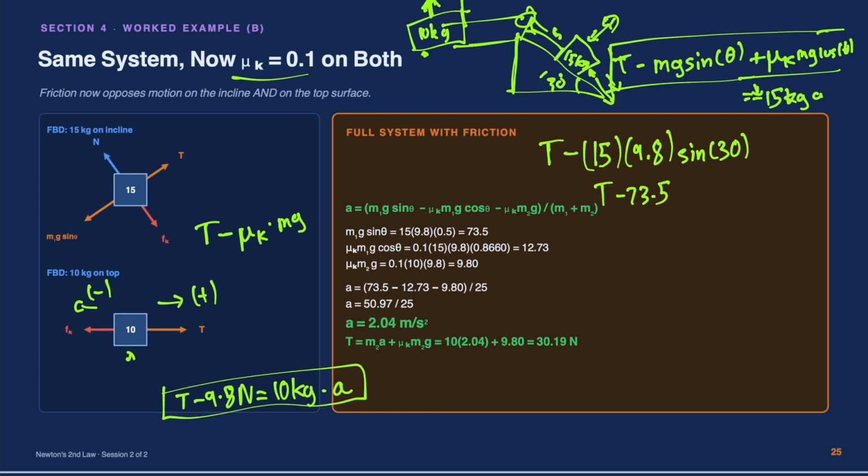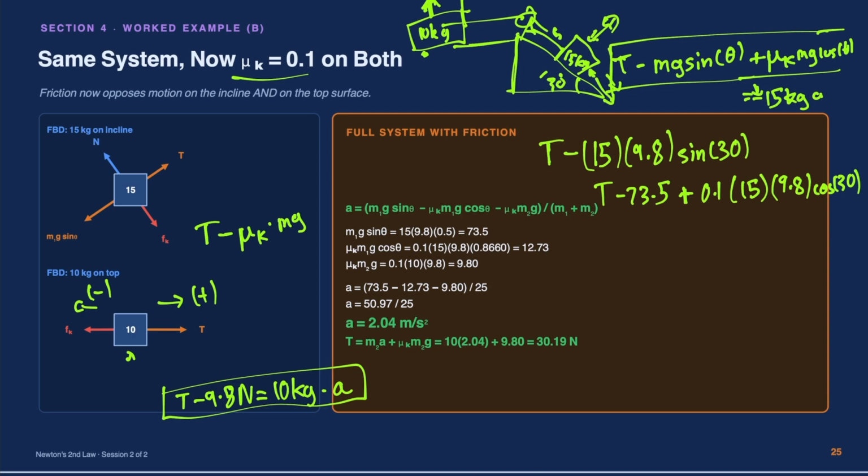And then what else are we subtracting? Well, now we're not subtracting, we're adding, right? What are we adding? Mu k times mg cosine theta, right? Which is, m here is 15 kg, so 15 times 0.1 times 9.8 times cosine of 30. Okay.